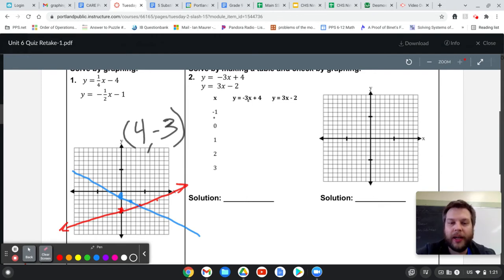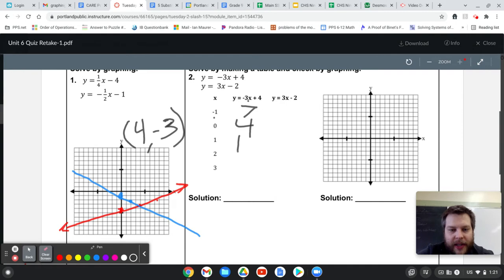Positive 3 plus 4 is 7. Next, x equals 0. Negative 3 times 0 is 0. Plus 4 is 4. That's the y-intercept. Next, x is 1. Negative 3 times 1 is negative 3. Negative 3 plus 4 is 1.